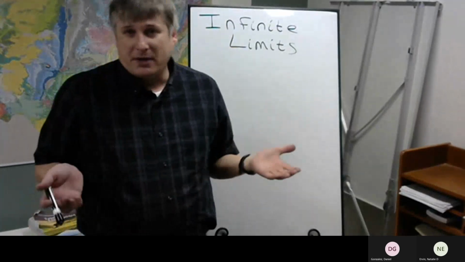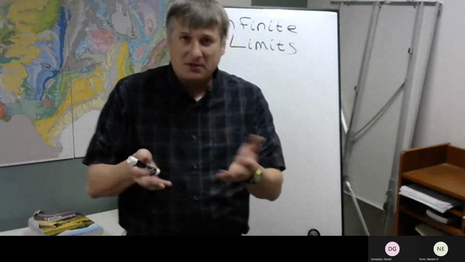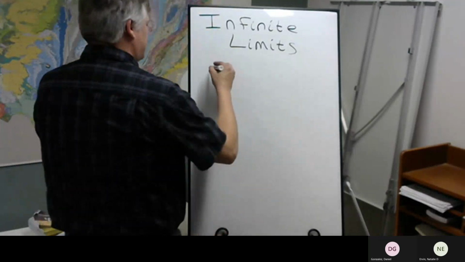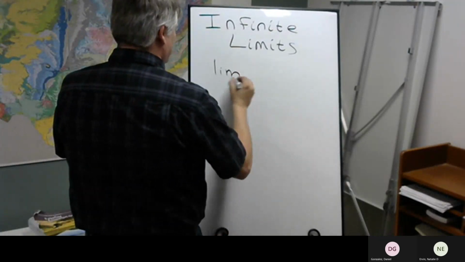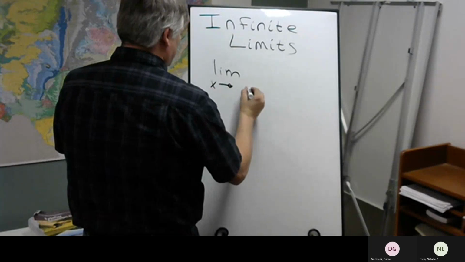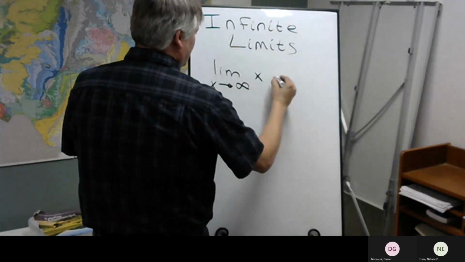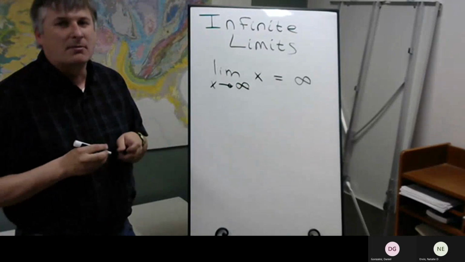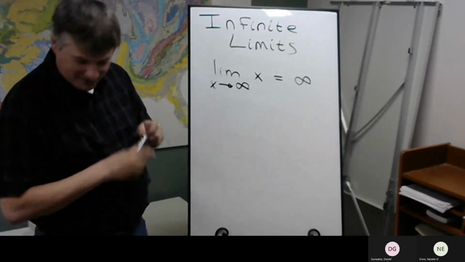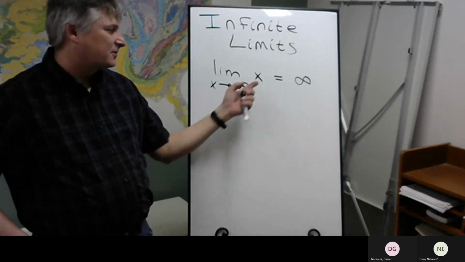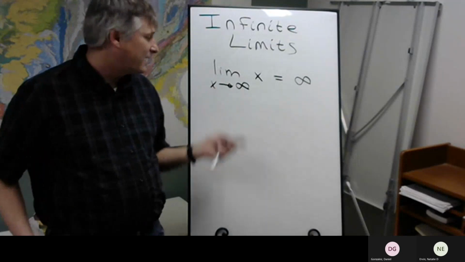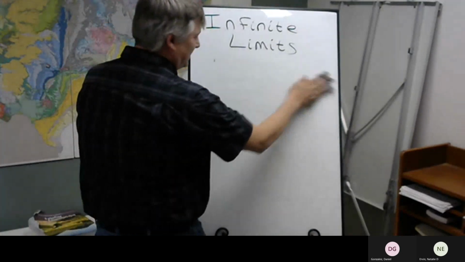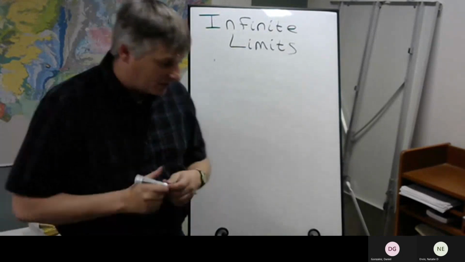Think of the line y equals x. If you take the limit as x goes to infinity, this will turn out to also be infinity. In other words, the function f of x here just gets bigger and bigger and bigger as x gets bigger and bigger and bigger.